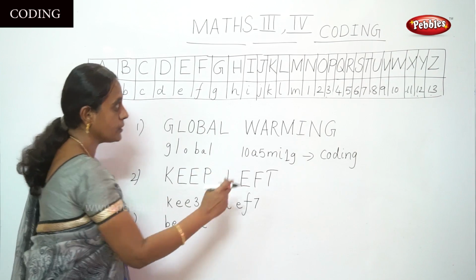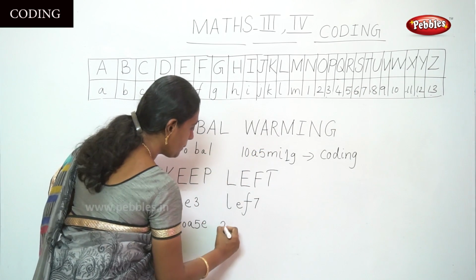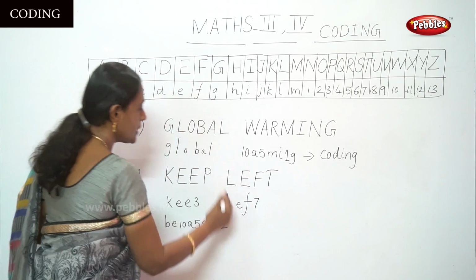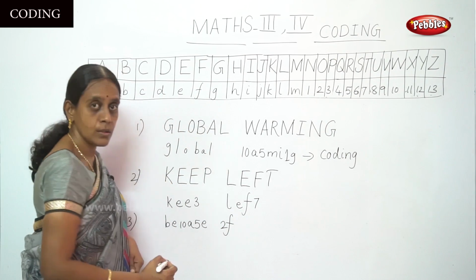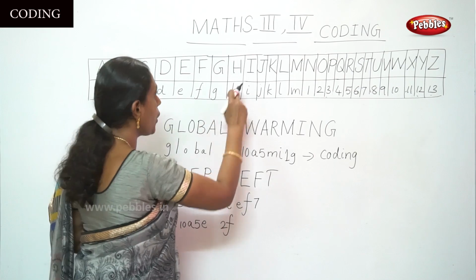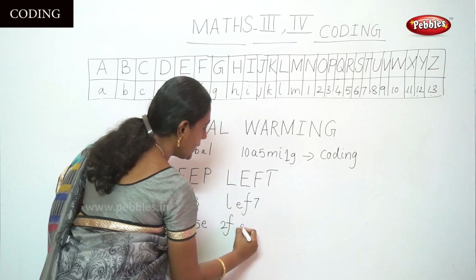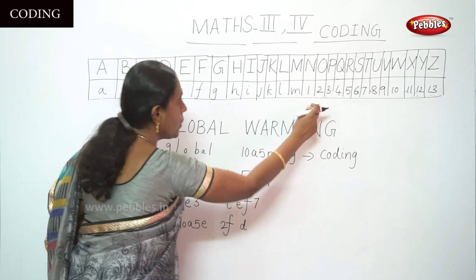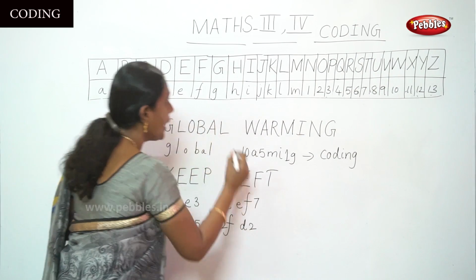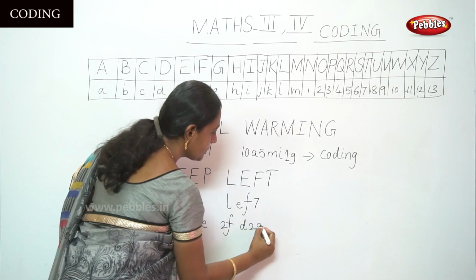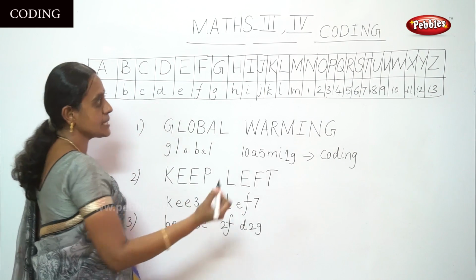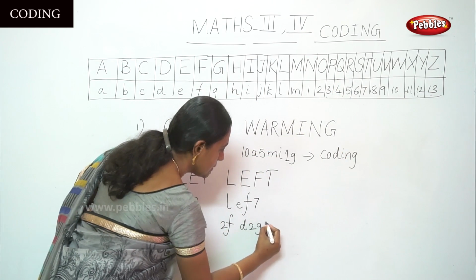Of, that is O, which is 2. And for F, small f. Beware of dogs, that is dogs, small d. And O, the number 2. And for G, and for S, that is 6.